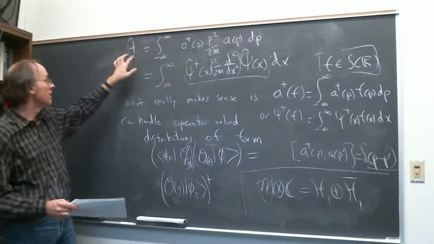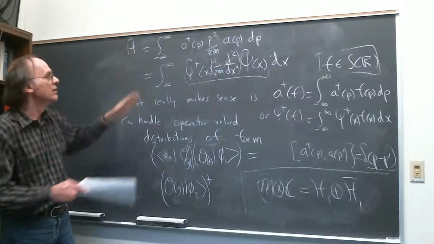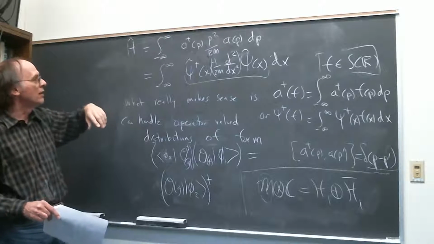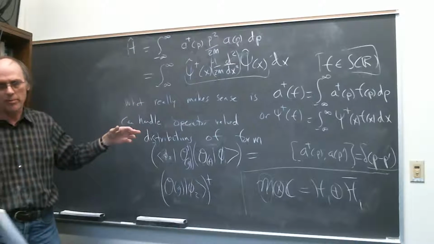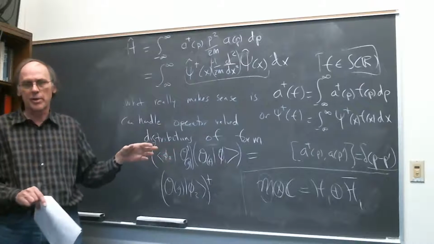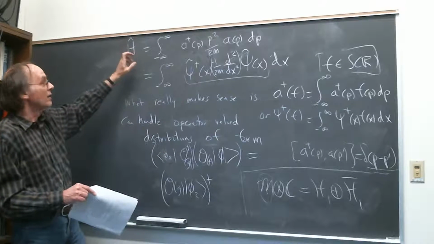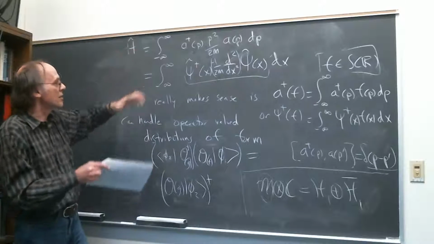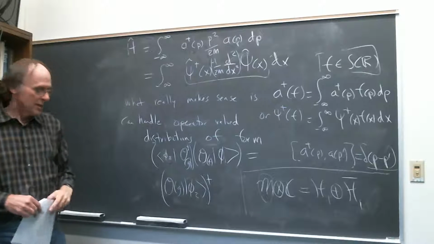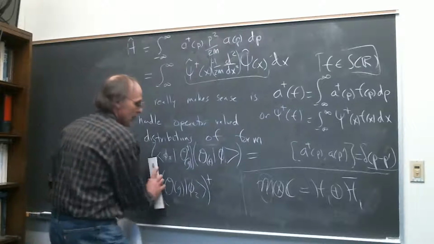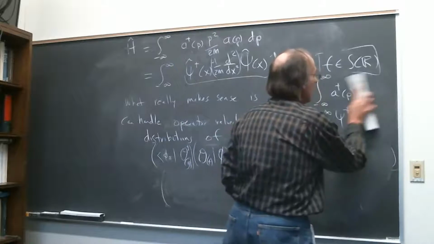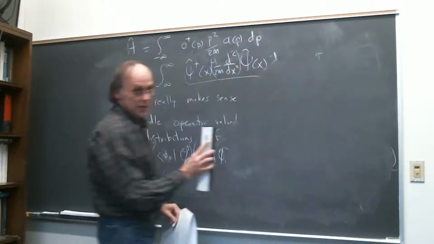It's an abelian group. All its representations are one-dimensional. All the energy eigenstates are one-dimensional, but the space is huge. So let's talk about some things that are more interesting as groups.